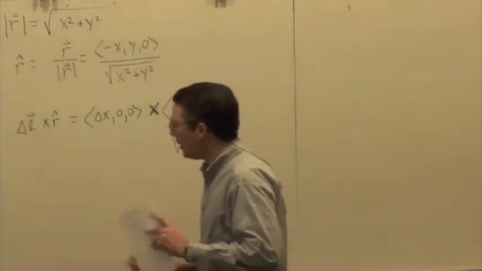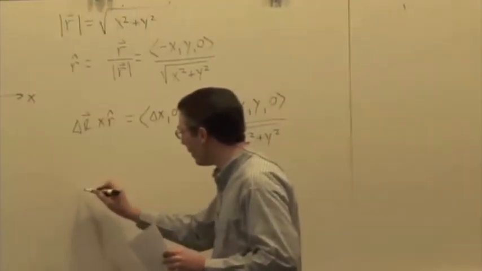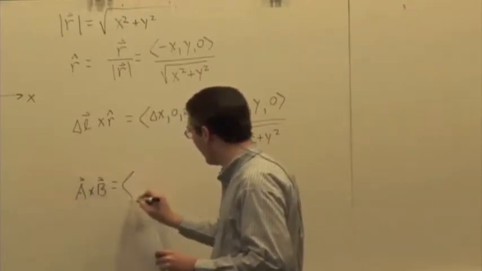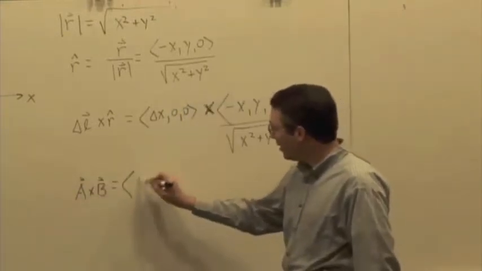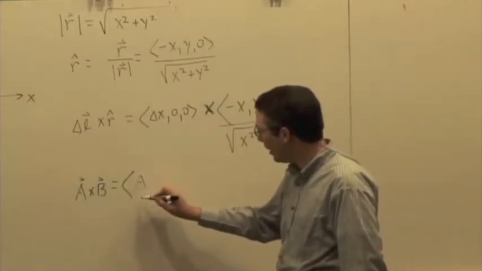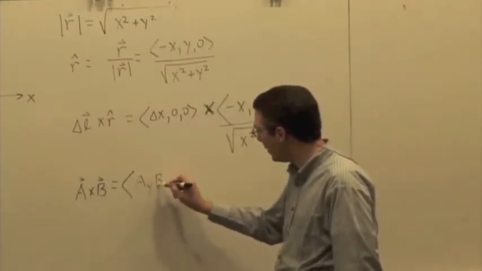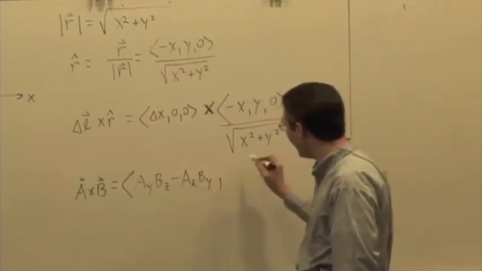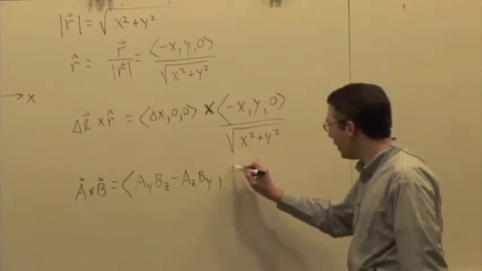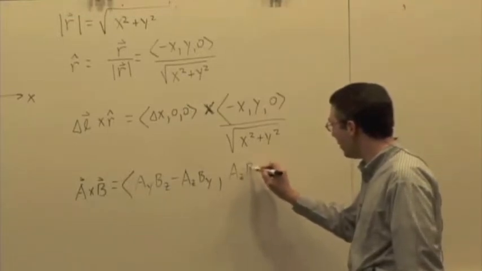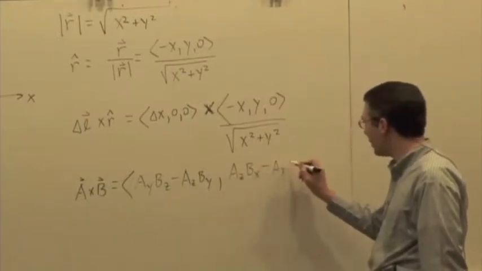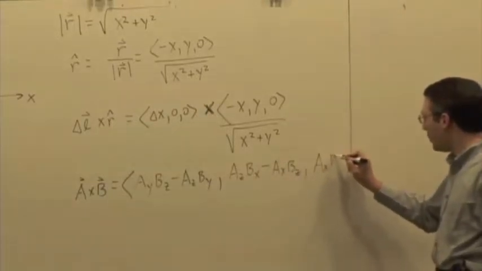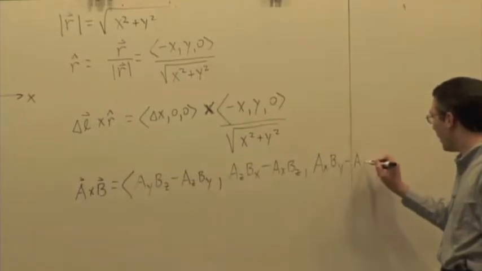Okay. And there's a number of different ways you can calculate the cross product, but the sort of longhand form of doing a cross product, if you have A cross B, and I'm not sure how many of you have seen this before, but if you want the x component, you have AyBz minus AzBy, comma, the y component would be AzBx minus AxBz, and then the z component is AxBy minus AyBx.